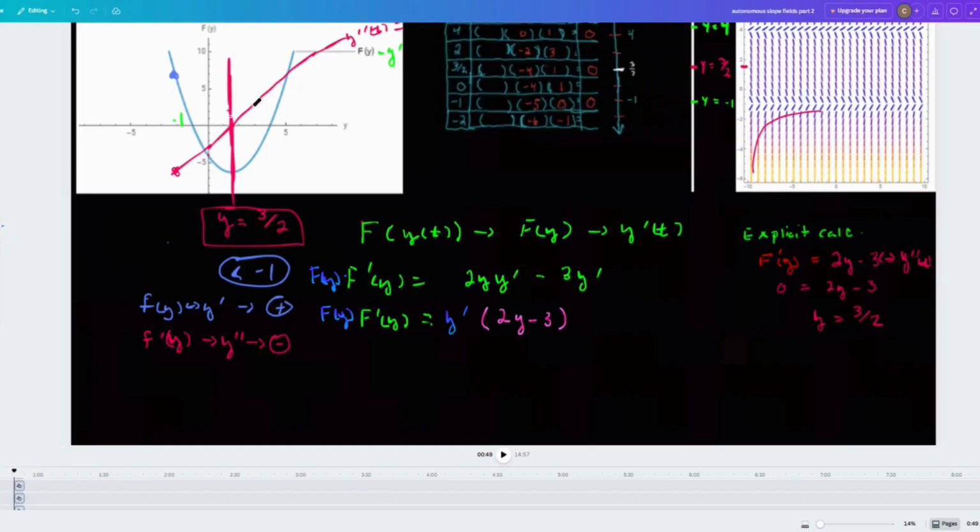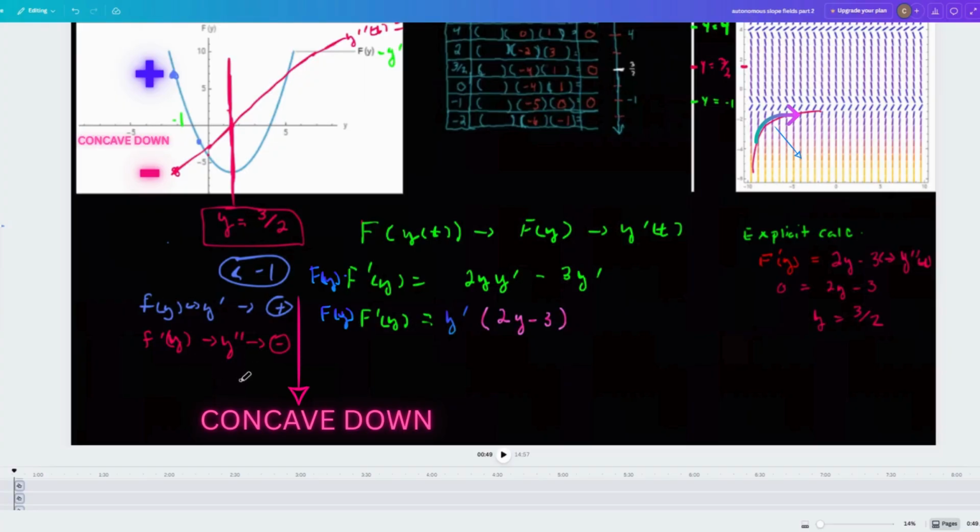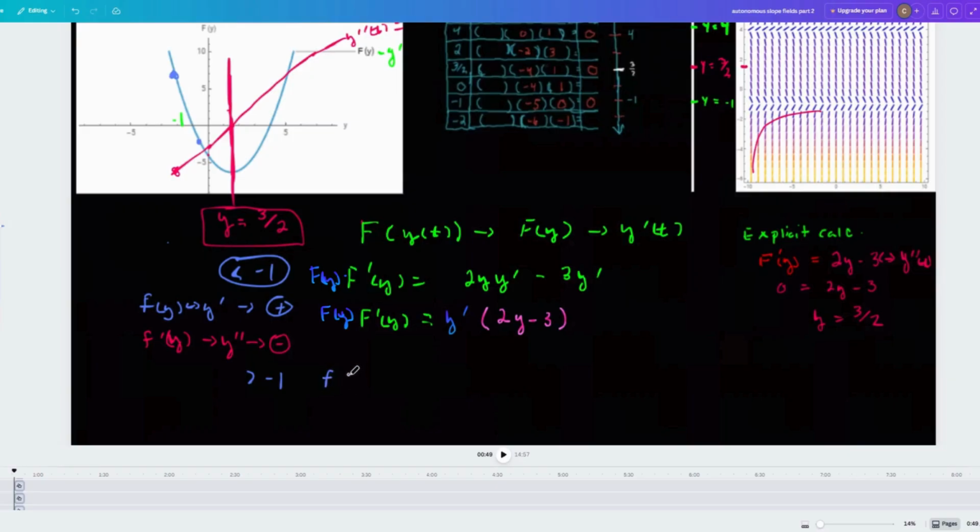So if we look at what happens when it passes -1, you might have this piece being negative here. So you could say that after -1, f of y, or y prime, is a negative value. This is just notation.